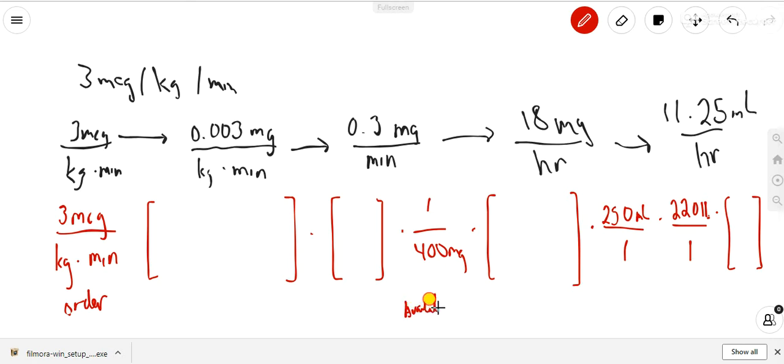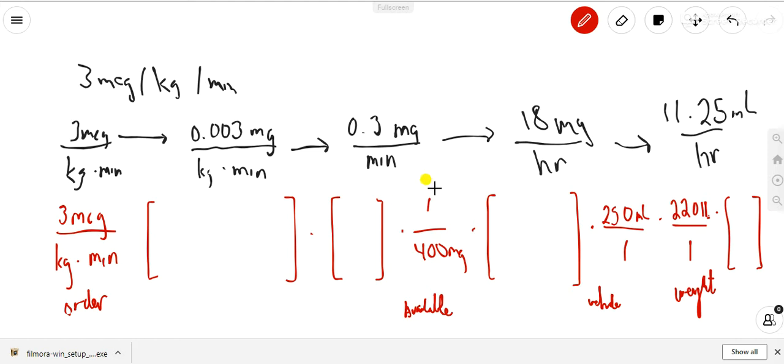This is our vehicle that the medicine comes in. And this is the weight that we have to multiply by this rate in order to get all of the medicine.